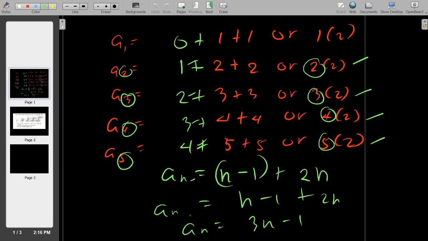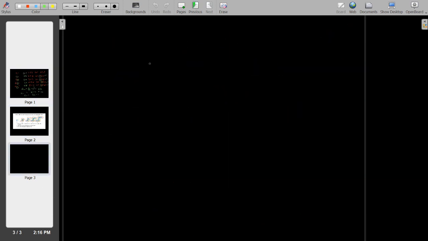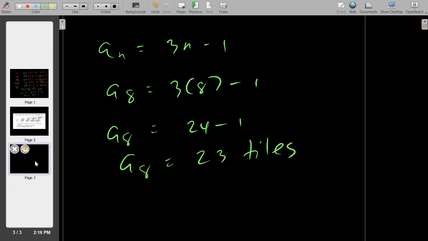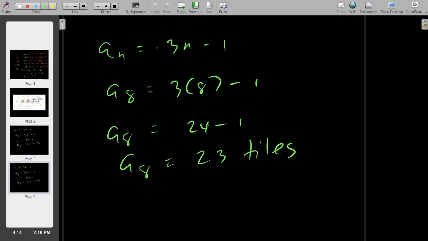So we know that our formula was 3n minus 1, so we simply substitute. So we have 3 times 8 minus 1, so therefore the 8th figure has 23 tiles.